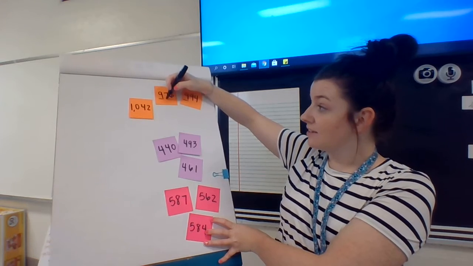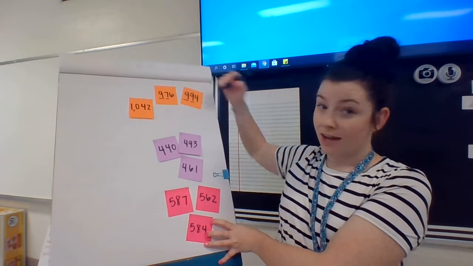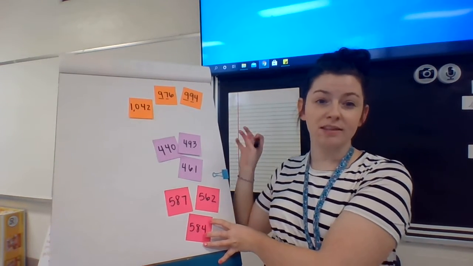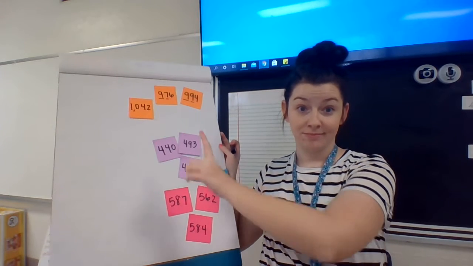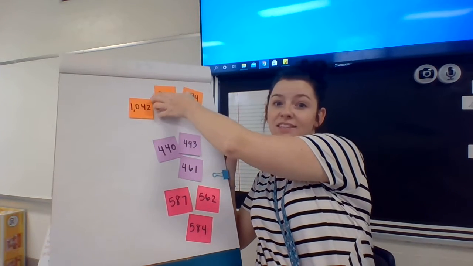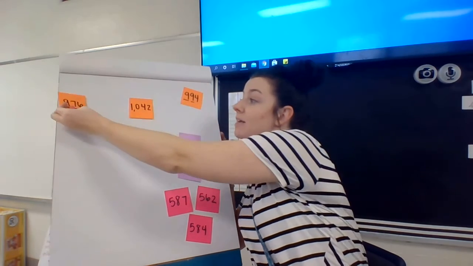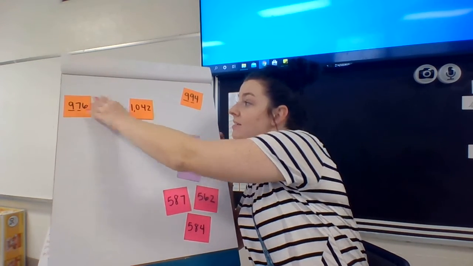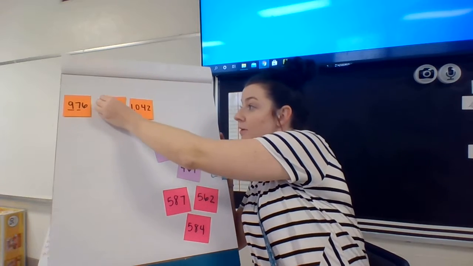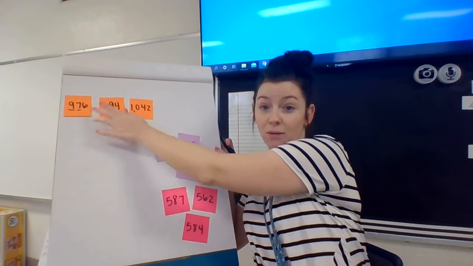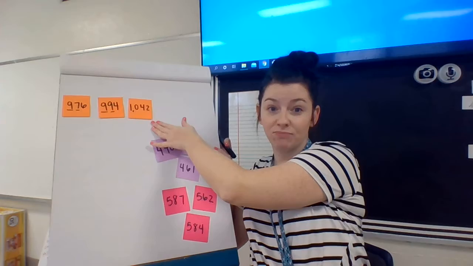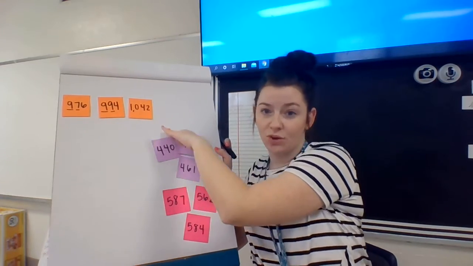If I look at my 10s, I have a 7 and I have a 9. Which one's the smallest? 976. Because my 7 in the 10th place is smaller than my 9 in the 10th place. So this one's smallest, then this one, then this one. Now these are in number order from smallest to biggest, or least to greatest.